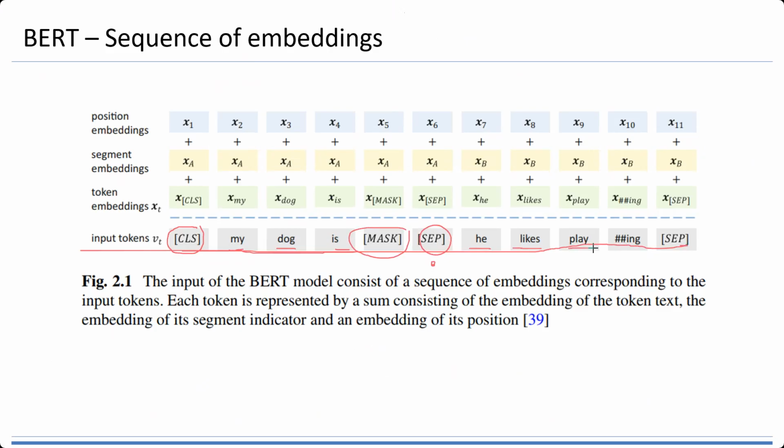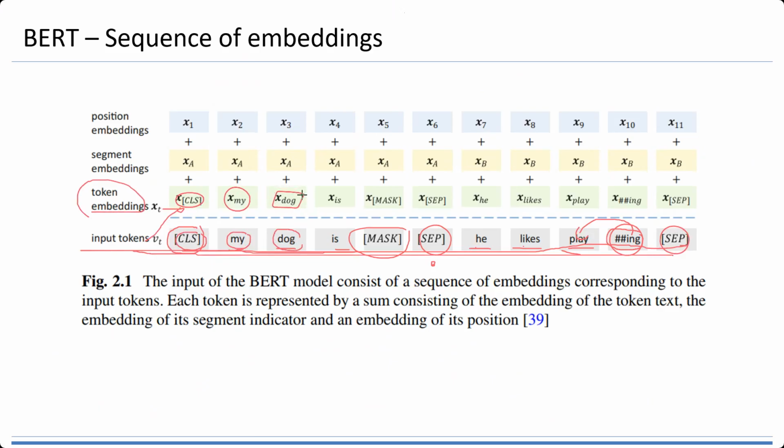He likes playing. So this is the ending. For example, he likes playing, but this is only to embed into the word play. And then we have another separator. For every one of these words, we will go to the token embedding. The token embedding means how we can represent each word as an embedding.